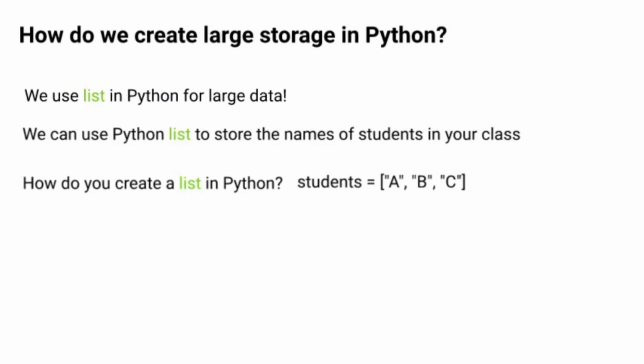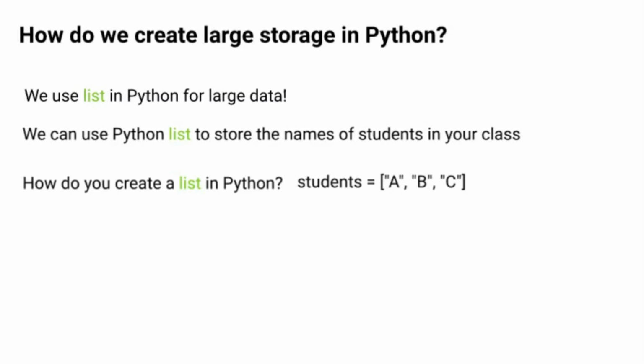After that, you put your data within that square bracket. You put the names of all your classmates or your friends, or anything that you want to put, and it can also be numbers. Let's say that you have 3 friends in your class, and they are A, B, and C. When you do that, you have to put a comma between the data that you are putting in a list.